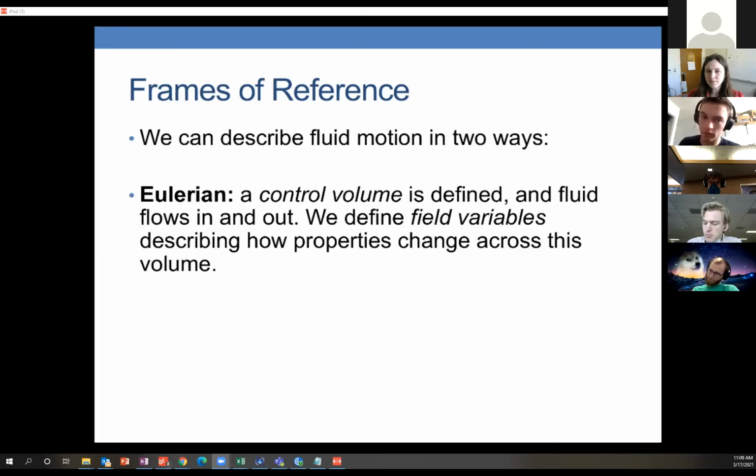All this time when we looked at a pipe and asked what's happening in this pipe, we were treating it as a control volume, because water flows into the pipe and out of the pipe, and we're not following the water along. We're looking at that volume in space as fluid comes in and out of it, okay? And then we define field variables that describe how different properties change over that space, over that volume.